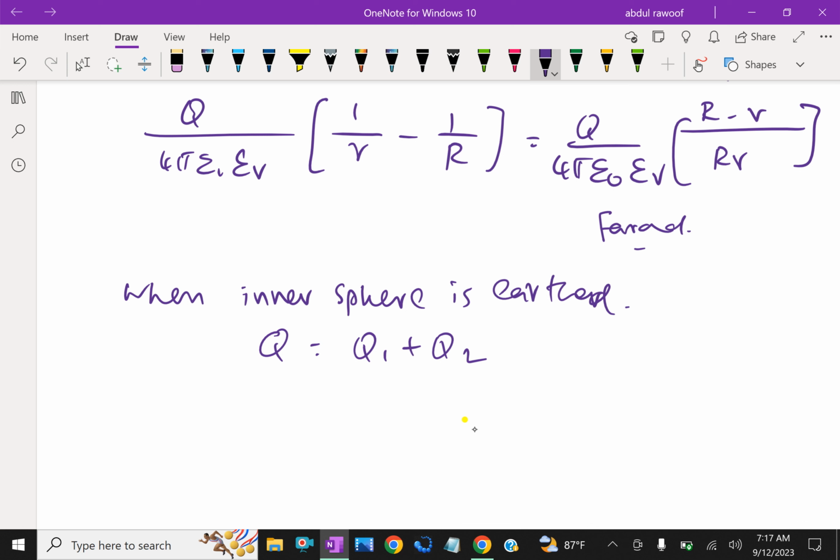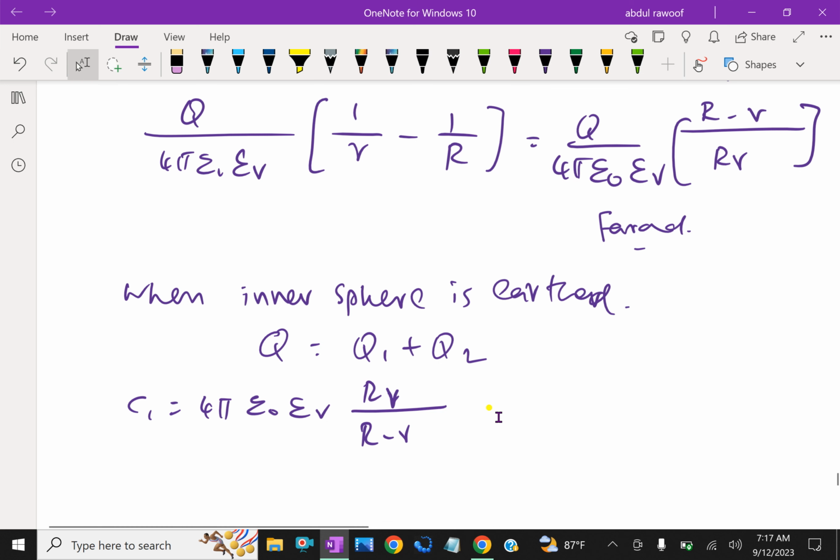Therefore, C1 is 4 pi epsilon 0 epsilon R r into R over R minus r, this is C1.